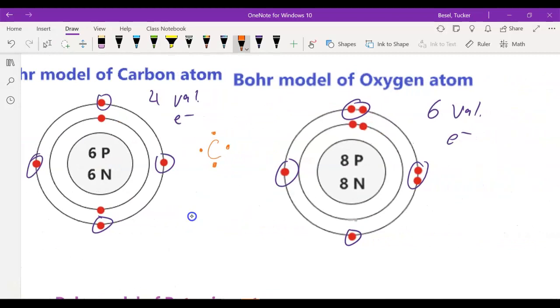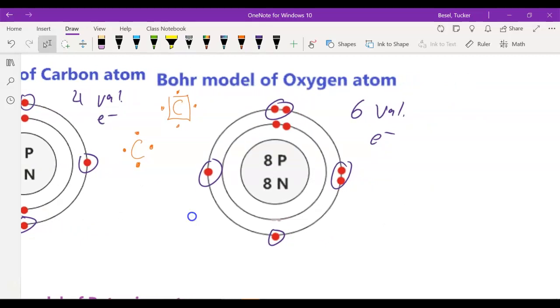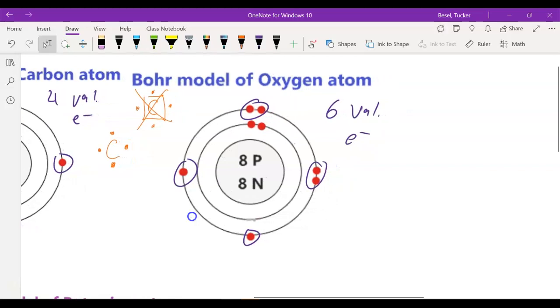And you want to start by having 1 electron on each, quote, side. You can think of it like there's a box. And if you can do 4 on each, 1 on each side, do that. But then after you get to 4, then you have to start adding on more. And you don't want to draw that box. That was just to help you visualize that. And for oxygen, it has more than 4.